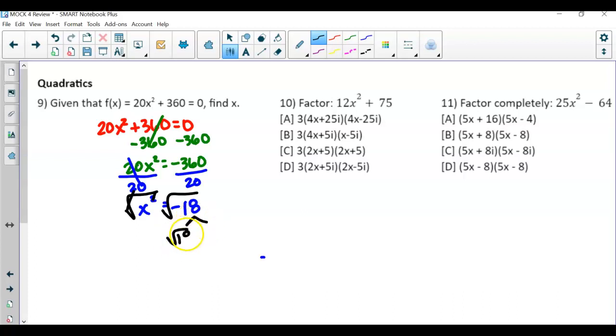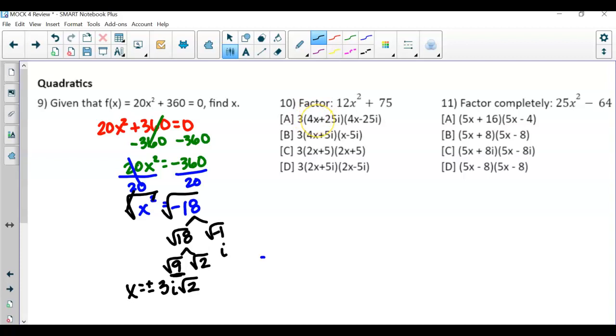So square root of 18 times the square root of negative 1, so I know I need I. Then the square root of 18 I can break down into 9 times 2. Square root of 9 is 3. So x is equal to positive or negative 3I radical 2.